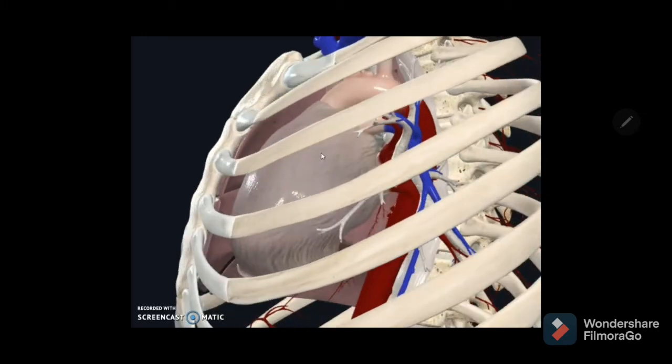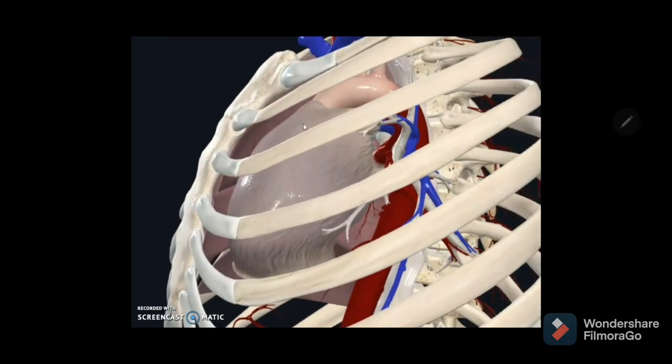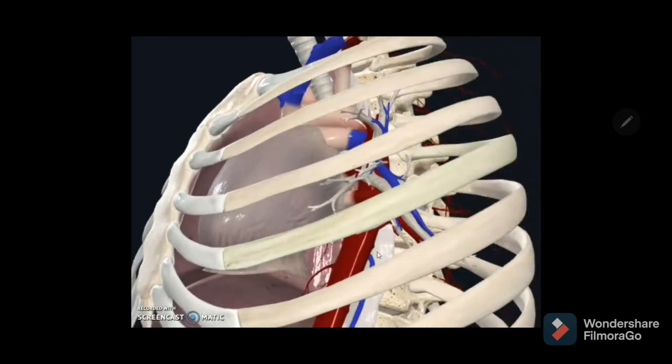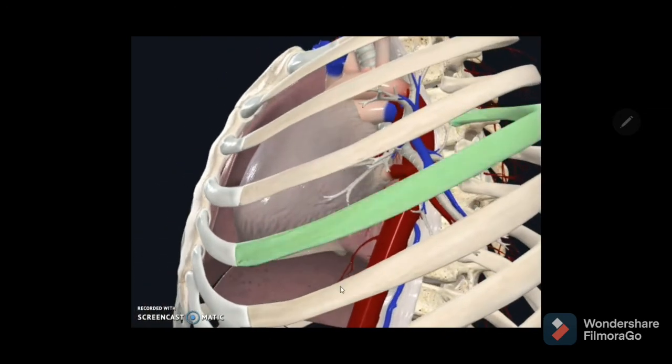You can notice how the pericardium is enclosing the heart and roots of great blood vessels. That is the 2nd rib, 3rd rib, 4th rib, 5th rib and 6th rib that you see. Anteriorly it is related to the 2nd to 6th ribs.